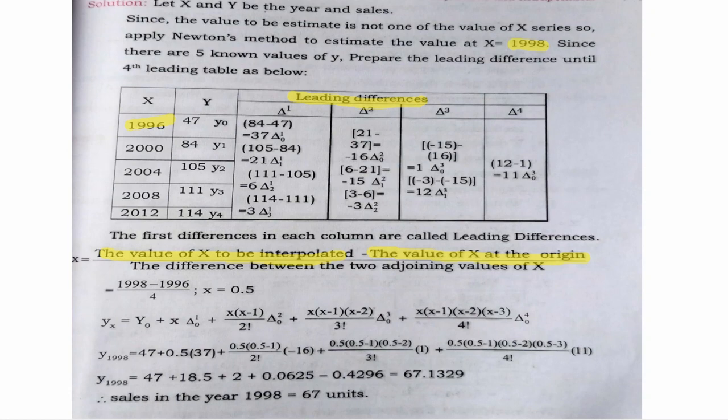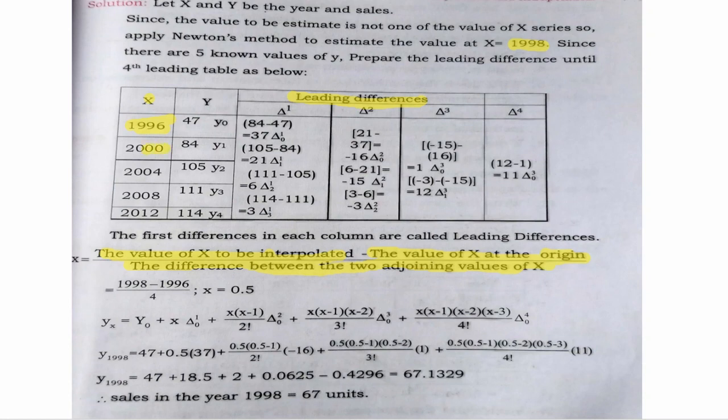The interpolated value is 1998 and the origin value is 1996, divided by the difference between the two adjoining values of x. What is the difference between the two adjoining values of x? 1996 and 2000, the difference is 4.